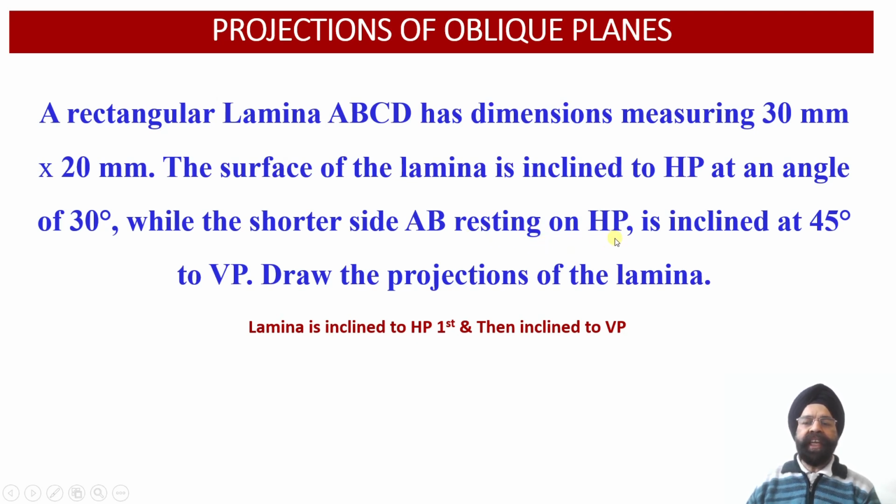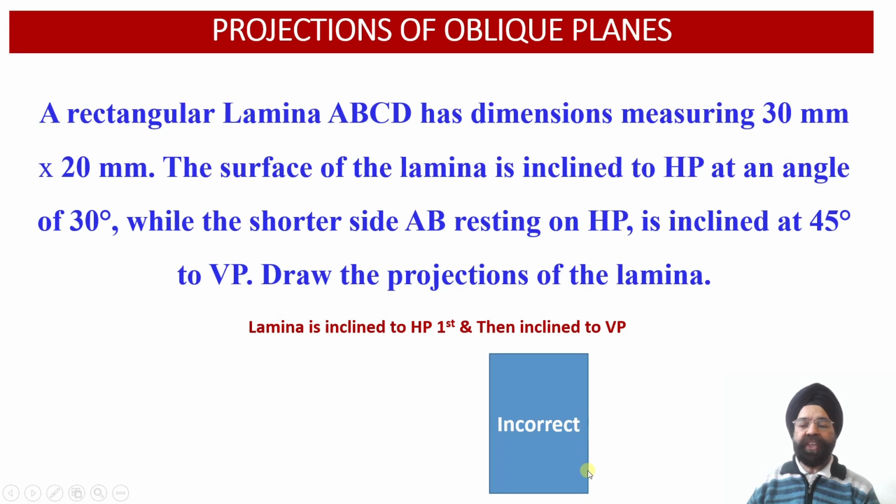Since after the inclination of the lamina surface with respect to the horizontal plane it is resting onto the shorter side, please check: if we draw the lamina below the XY reference line in this orientation, and then try to lift or incline it with respect to HP at an angle of 30 degree, it will be resting on the horizontal plane on this particular edge, which happens to be the longer edge.